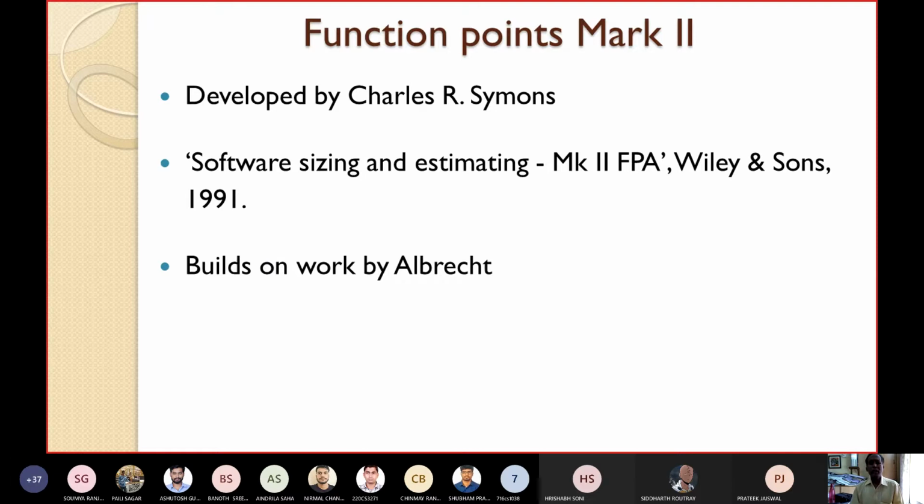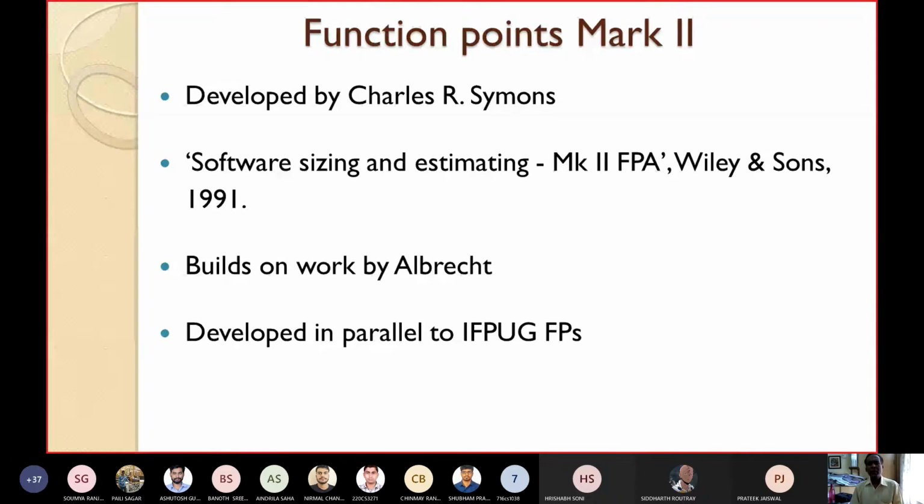It builds on work developed by Albrecht. It was developed in parallel to the IFPUG function points. This is a much simpler and more usable method in comparison to the Albrecht IFPUG function point.